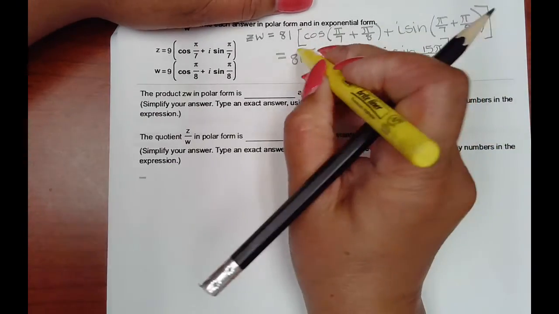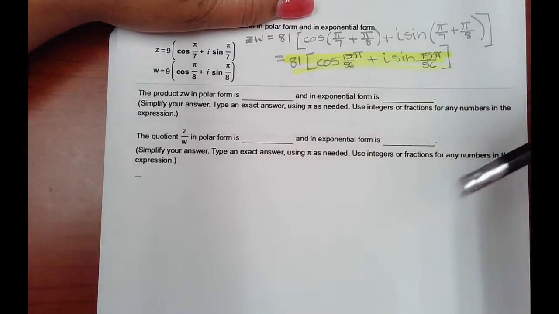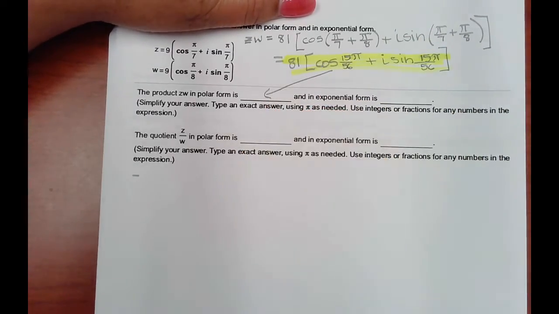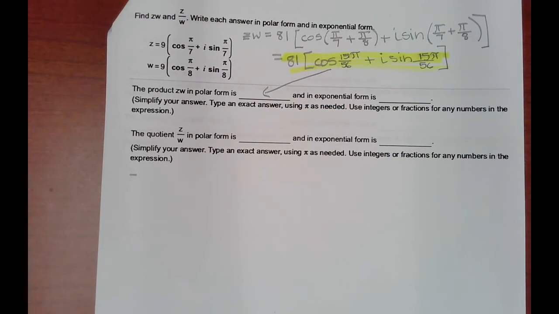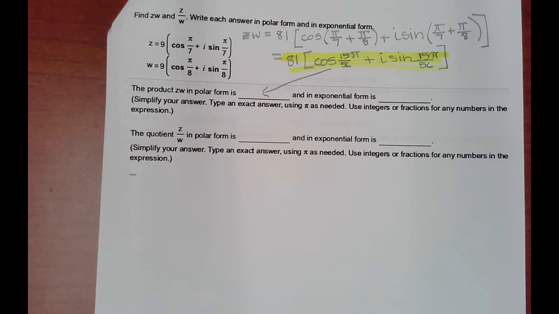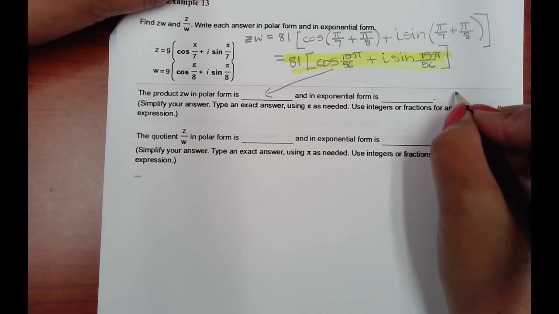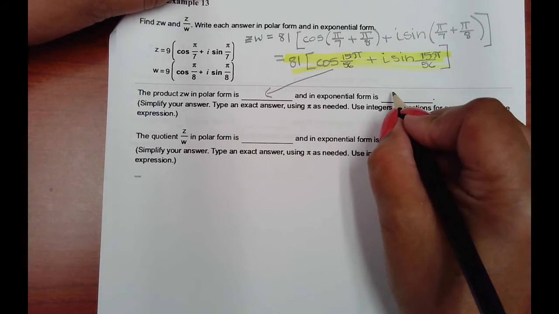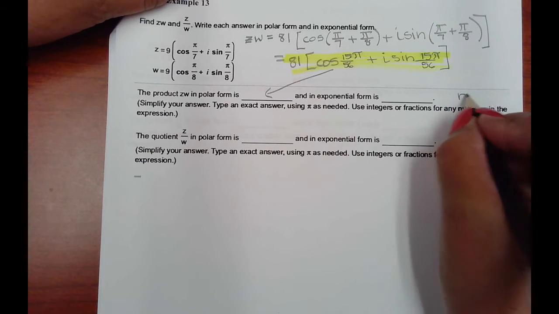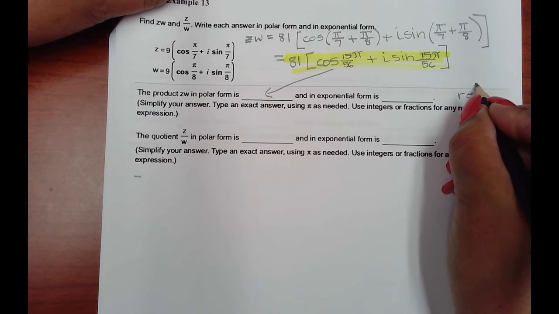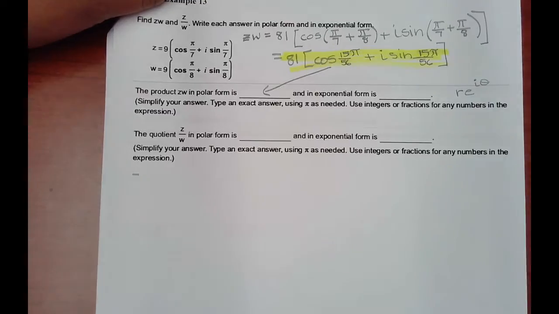Okay, so all of that is the product for this one. If you're going to put it in exponential form, just follow that same formula that we've been using in order to put it in exponential form. Okay, so that is R equaling R times E raised up to a power of I times theta for exponential form.